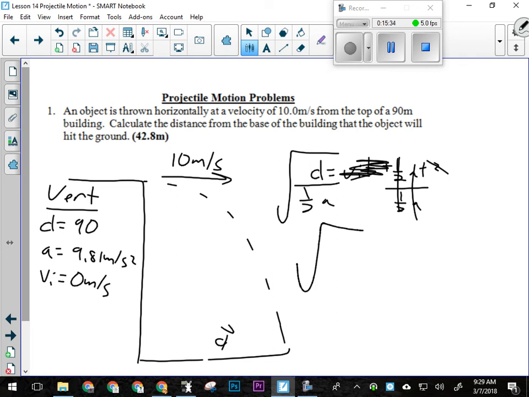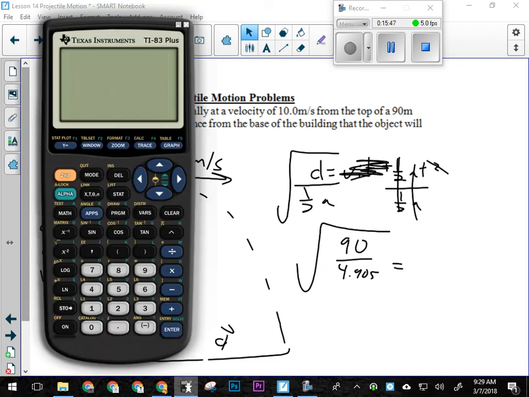So we square root 90 meters divided by half of 9.81, so that's 4.905, and that'll give us our time. So we got 4.28 seconds is how long it will take to fall all the way to the ground. With me so far?